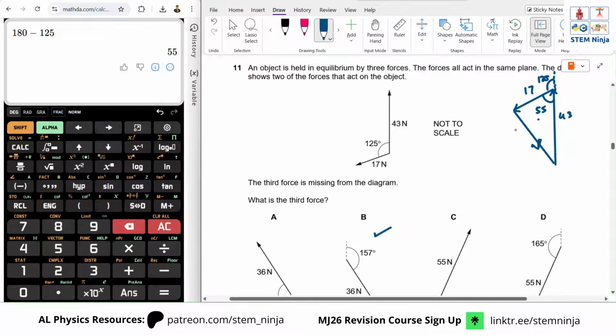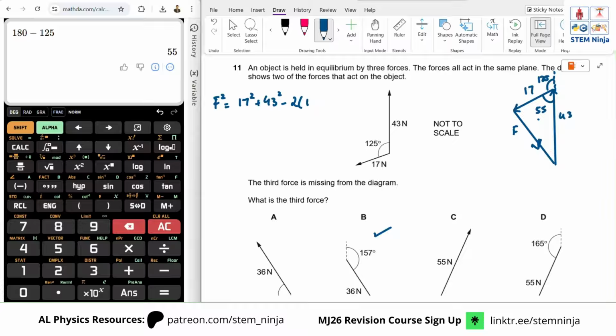Let's call it force F. So force F squared would be 17 squared plus 43 squared minus 2 times 17 times 43 times cosine of 55 degrees.